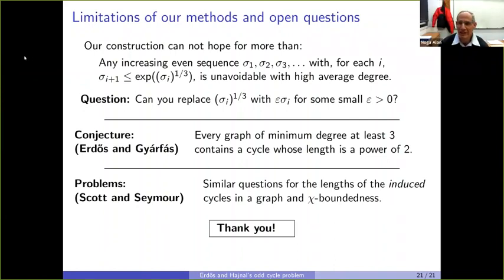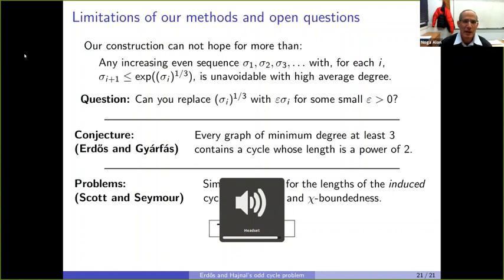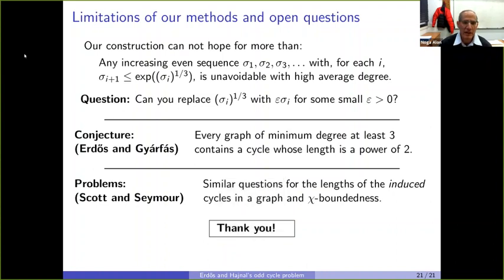Yes, so to me also, some of the questions I had, you answered them already, but I wonder, there is this final conjecture that minimum degree at least 3 guarantees a cycle of length a power of 2.